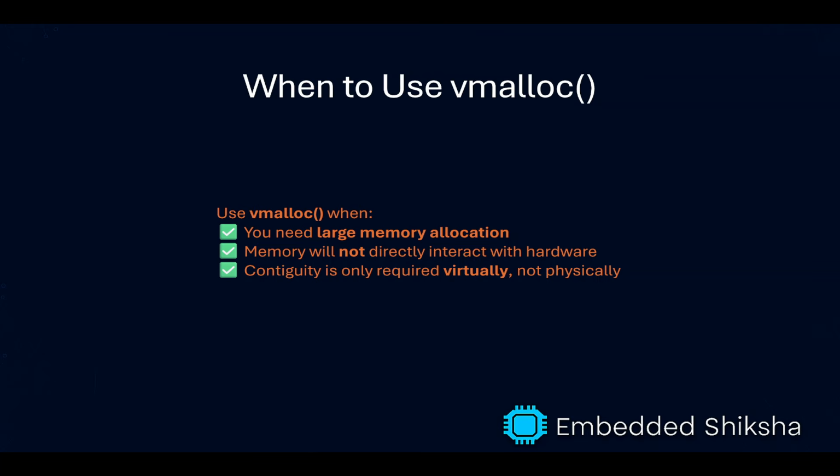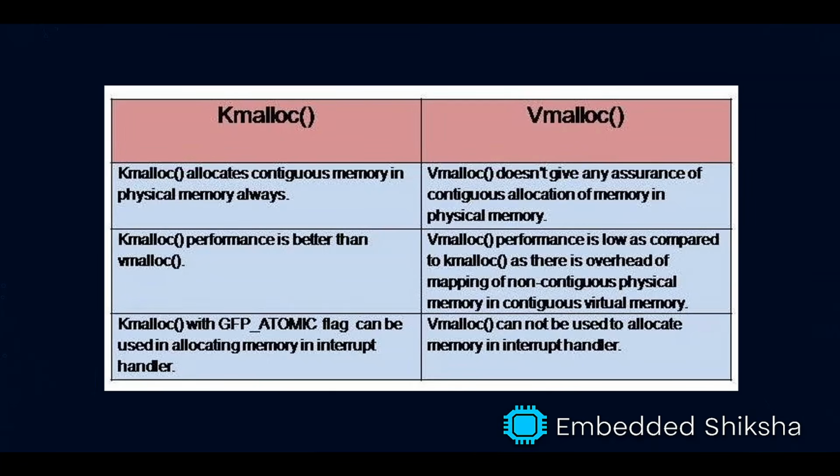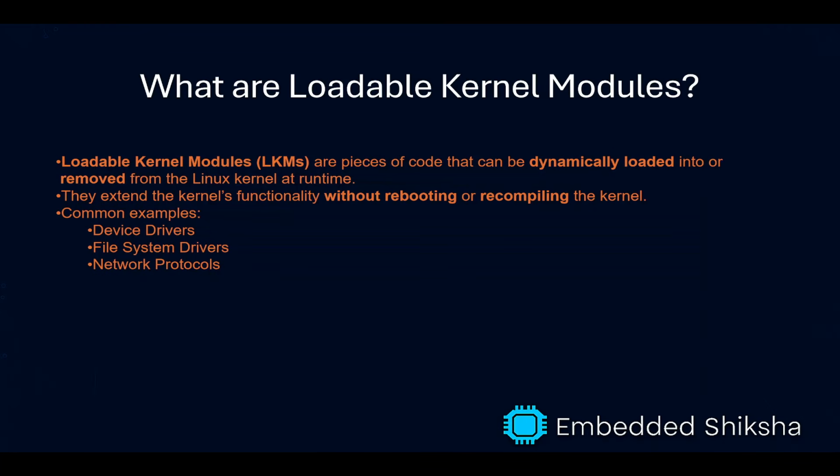You should also know whether you really need physically contiguous memory or whether virtually contiguous memory is enough for you. Depending upon all these requirements, you can make a call whether you should go for vmalloc or kmalloc memory allocation. So this is the difference I have given in this table. You can go through it. We have already covered it actually.